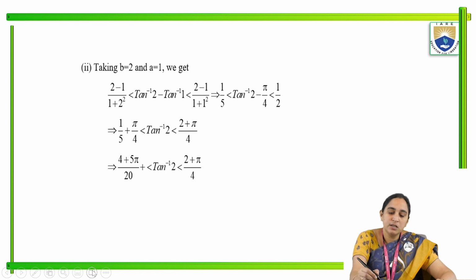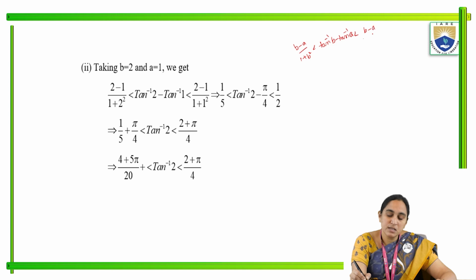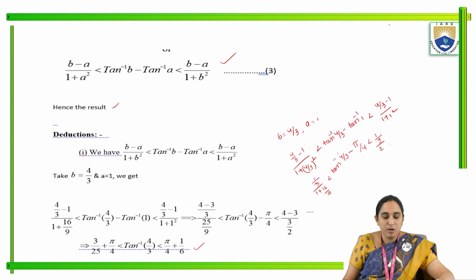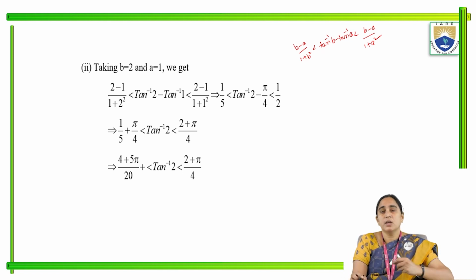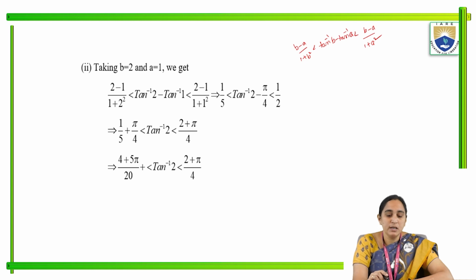What about the third equation? b minus a by 1 plus b square less than tan inverse b minus tan inverse a less than b minus a by 1 plus a square. This is the proof, that is the third equation. There I am substituting 2 and 1.